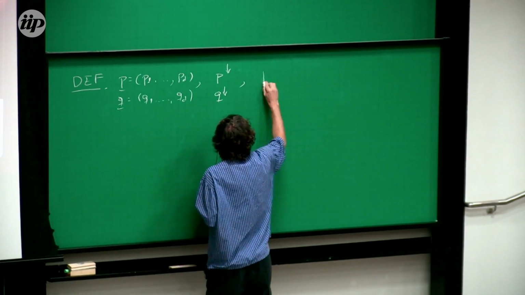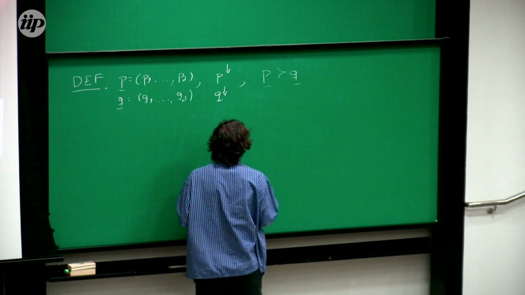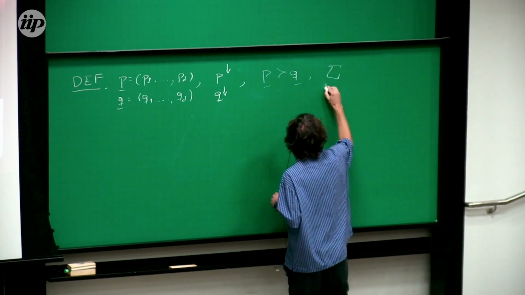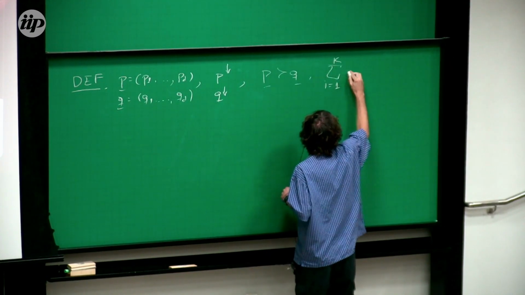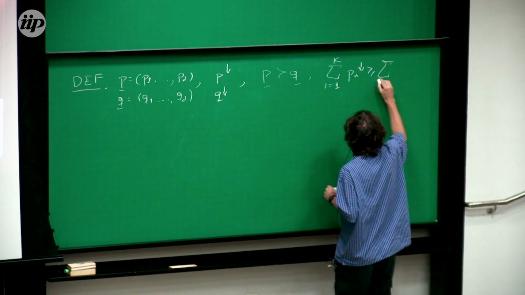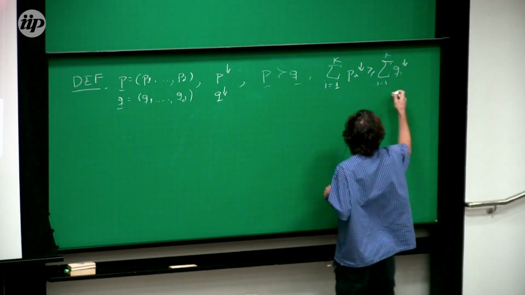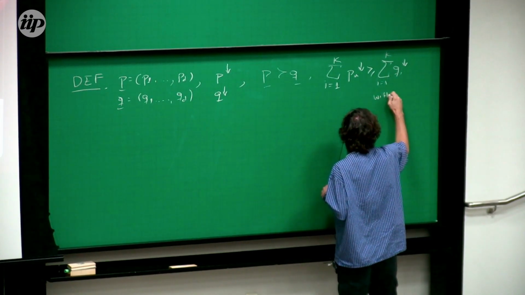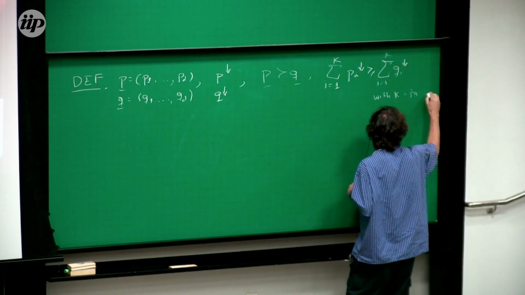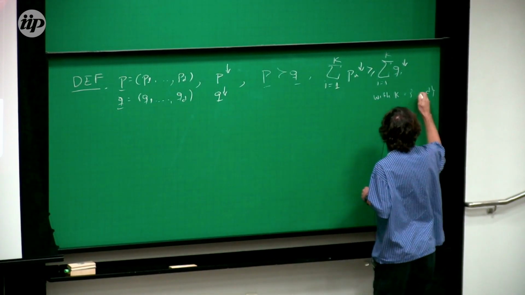So we say that P majorizes Q and denote it by this nice symbol here, if we look at partial sums, the sum from i equals 1 to k of Pi is larger than or equal to the sum from i equals 1 to k of Qi, with k being 1 to D.